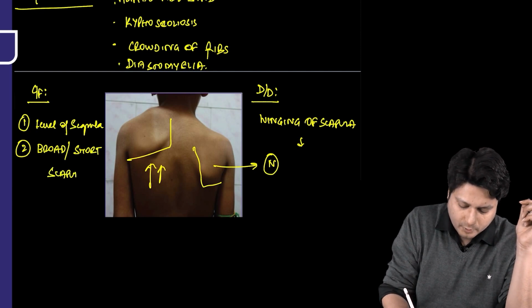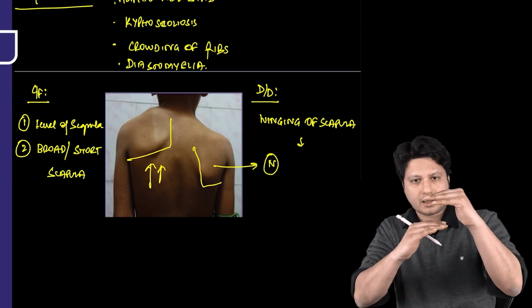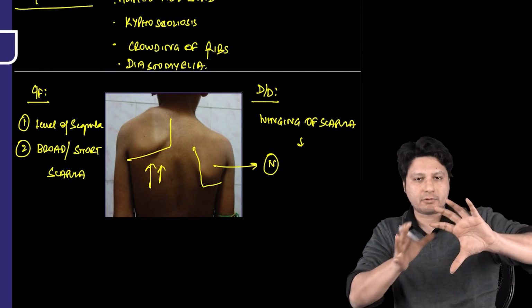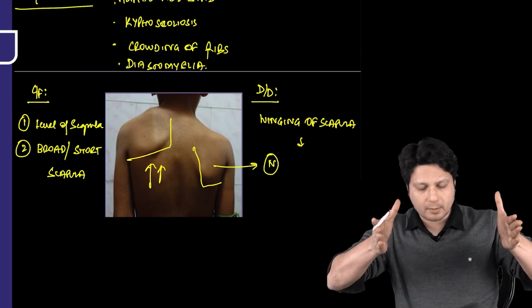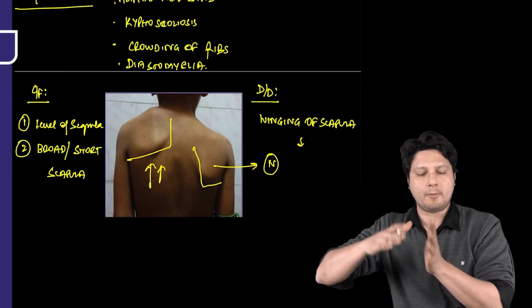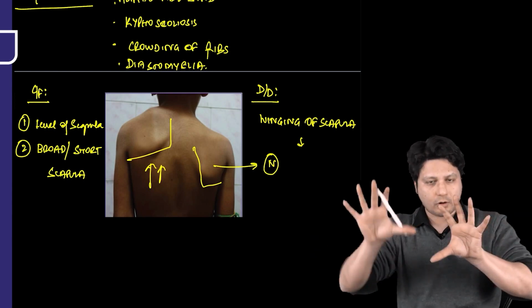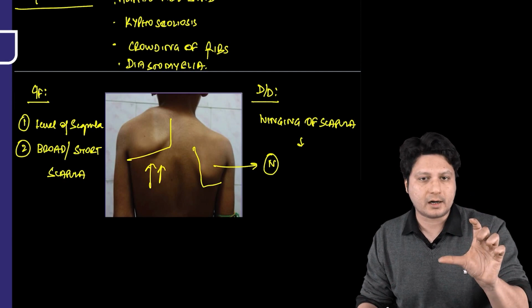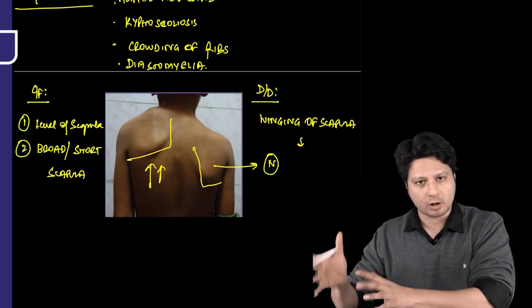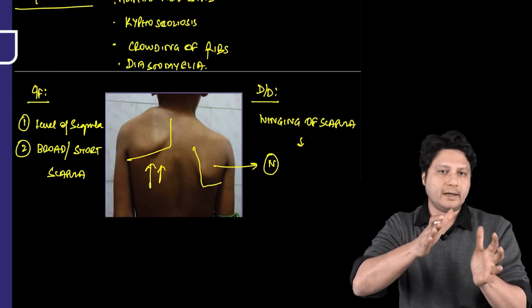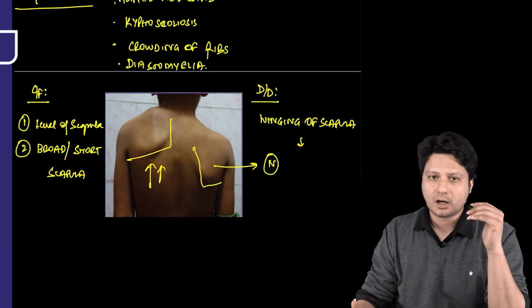Although the abnormal scapula is shorter, because of its malrotation it will appear wider. So if you look at the breadth of the scapula, it is wider in comparison to the normal one. But overall, the dimensions of the scapula are relatively smaller. So it is a short and wide kind of scapula in comparison to the normal one.